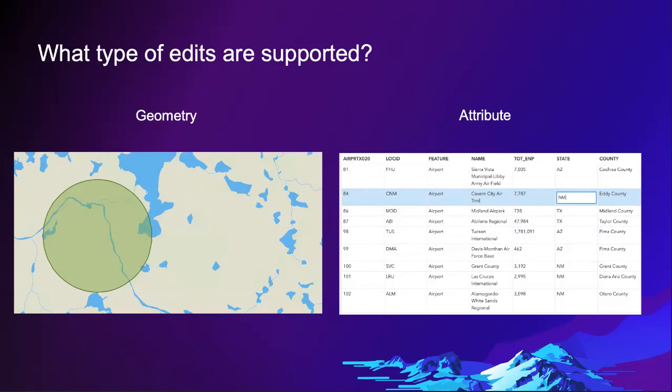And one thing that I want to specify: when you do these types of edits, if you have a large data set, it doesn't send the entire data set each time. If you make only one change, like we're looking at this attribute change of moving the state from, let's say, Texas to New Mexico, it's not syncing the entire data set. It's syncing the changes, so only the deltas go through. So that next sync will be quicker.